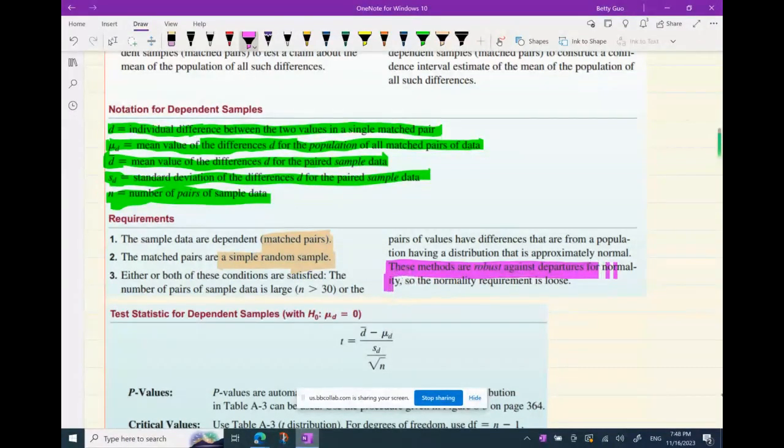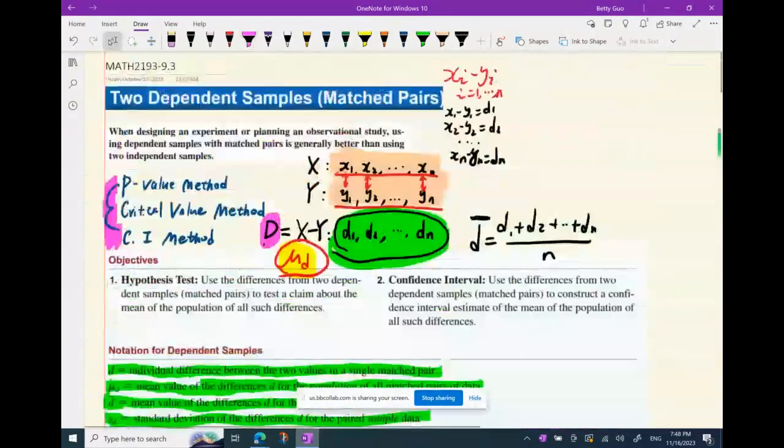Robust against. We'll talk about that later, okay? About normality, it requires D to be roughly normally distributed, or the sample size is bigger than 30. In fact, if X is normally distributed and Y is normally distributed, D should be normally distributed.